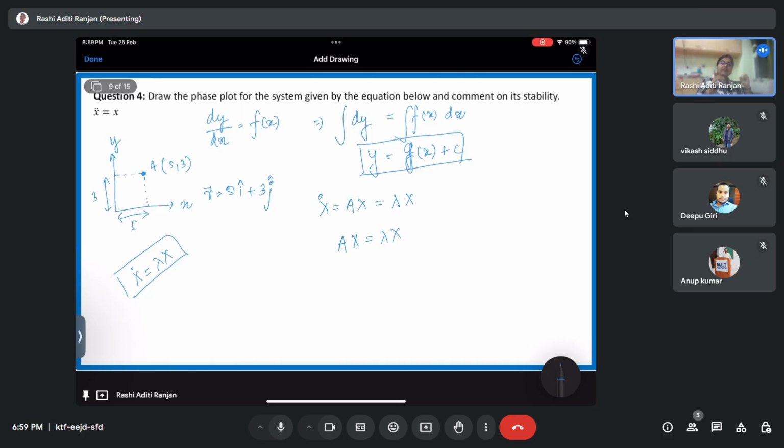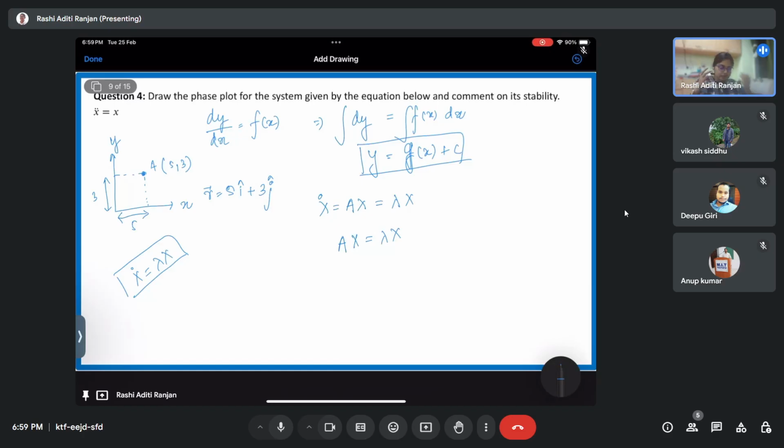Remember, the eigenvalue is a scalar value. It is not a vector. So essentially, my x is multiplied with a scalar value, and then it gives x dot.